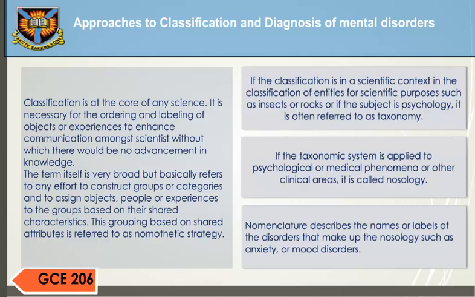If the taxonomic system is applied to psychological or medical phenomena or other clinical terms, it is called nosology. Nomenclature describes the names or labels of the disorders that make up the nosology, such as anxiety or mood disorders.